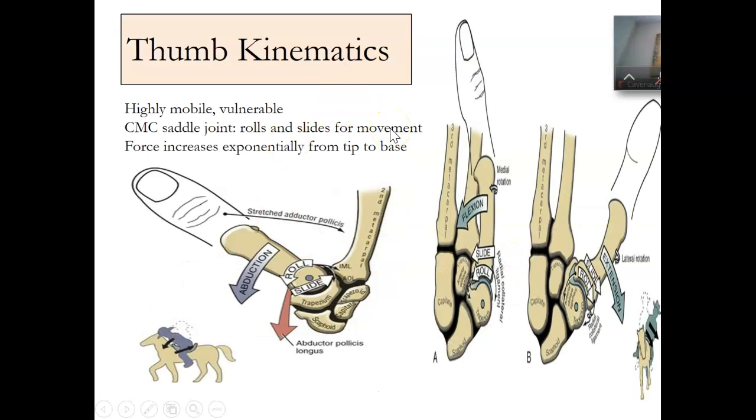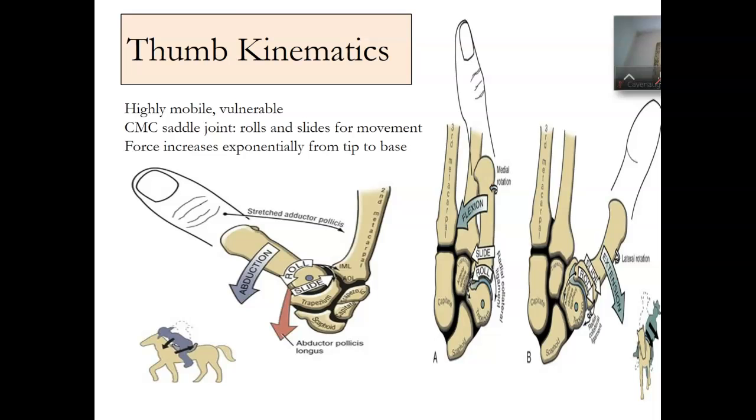This shows you again why it's so vulnerable to injury. It hits our theme of the more mobile a joint is, the more likely it's going to get injured, or they're going to come to you in pain and look for some help. And the thumb is highly mobile. You can just roll it all over the place.